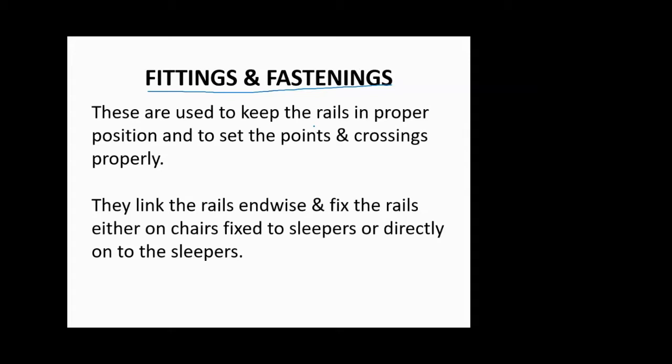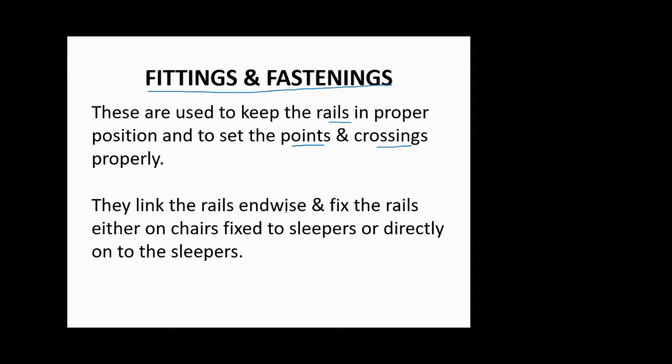These are used to keep the rails in proper position and to set the points and crossing properly. Again, these two terms you will be seeing in detail in the second unit. For now, just remember there are some terms called points and crossing in your railways. Your fittings do that work of keeping the rails in position.